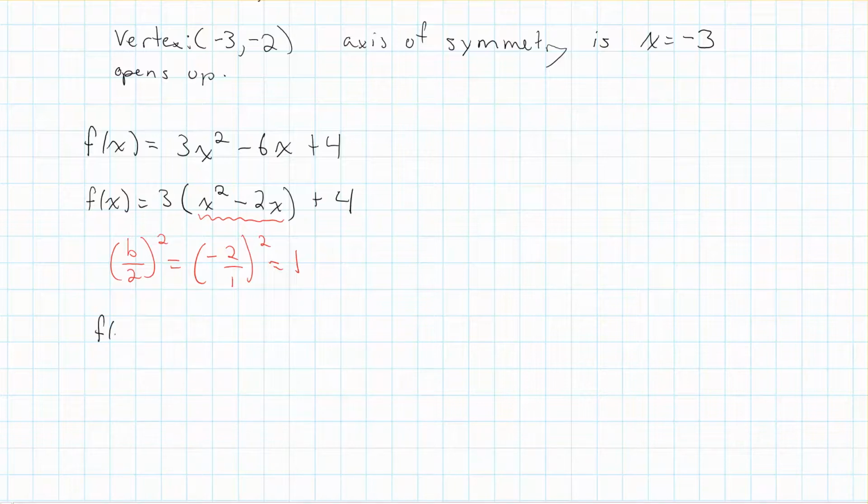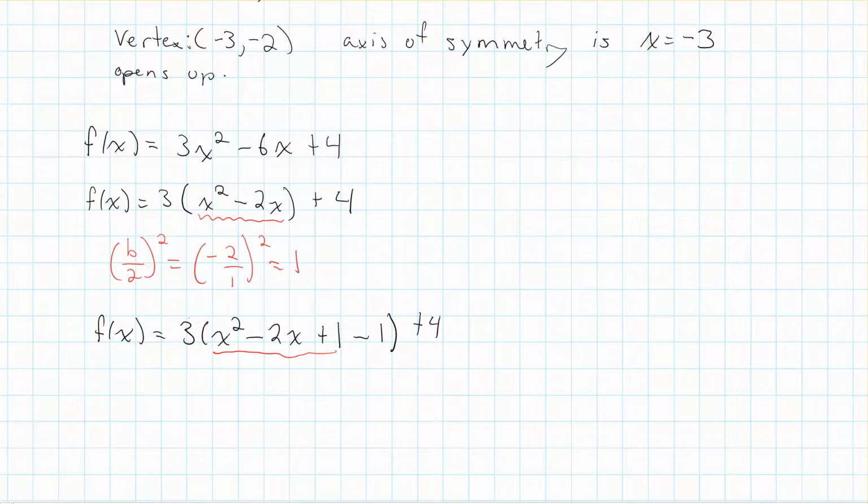So f of x is equal to 3 times x squared minus 2x. Now I'm going to add 1, but I have to subtract 1 right away, and then you put your parentheses in, plus 4. Now, this x squared minus 2x plus 1 factors, so I'm going to partially distribute this.